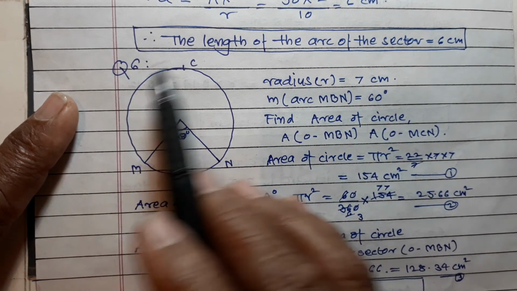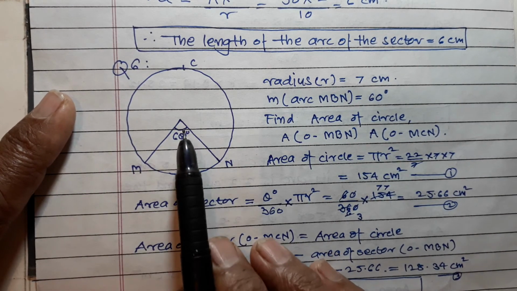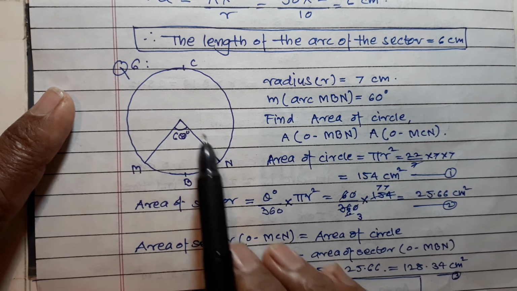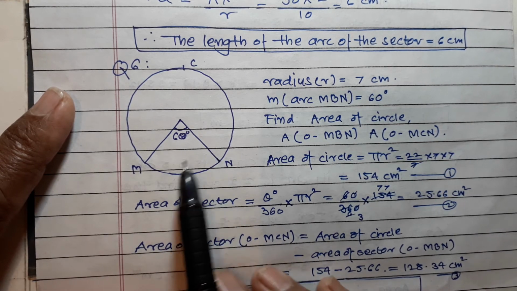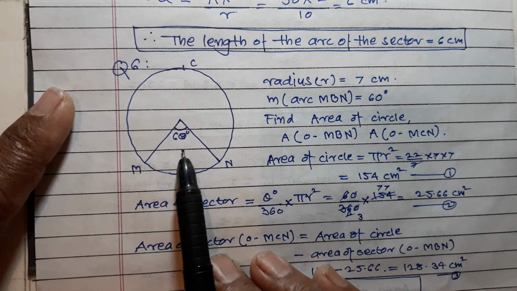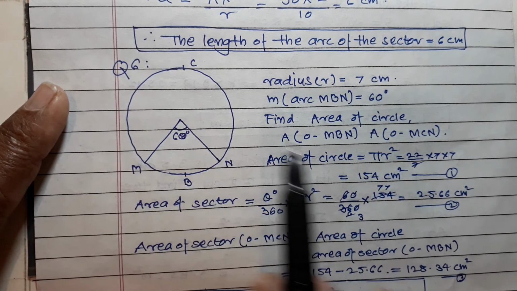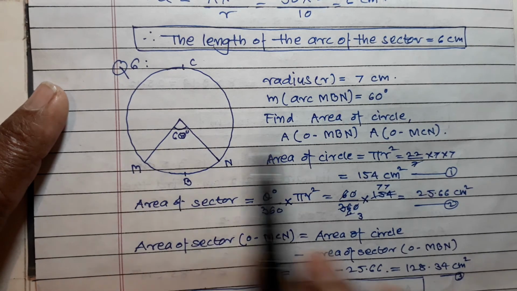Okay, so this is a figure given. This is a central angle theta, 60 degree given, and radius is equal to 7 given. Find the area of this sector, and area of circle.